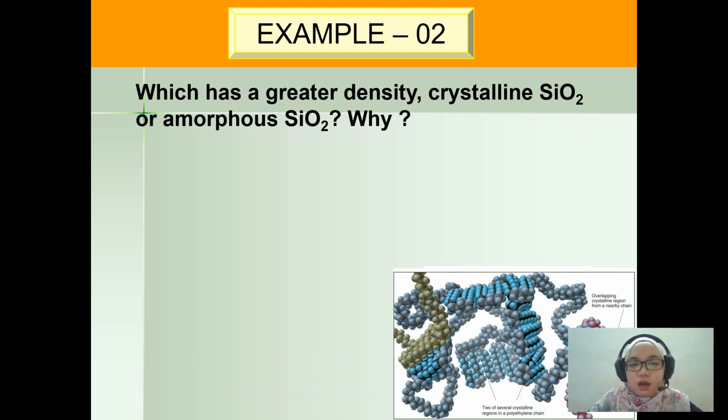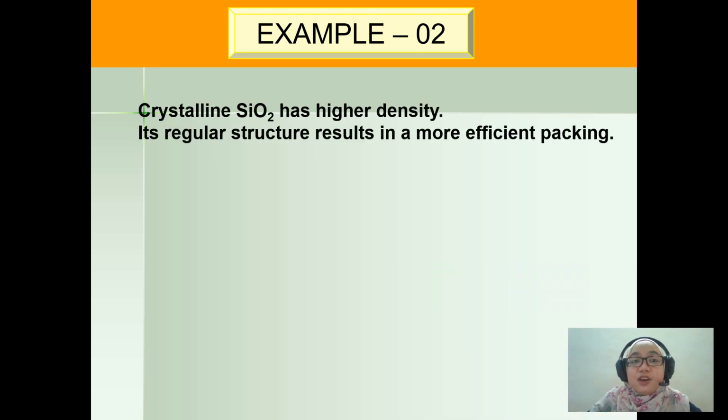Now the question asks, which has a greater density, crystalline SiO2 or amorphous SiO2, silicon oxide? Of course lah, crystalline silicon oxide. Why? Because crystalline silicon oxide has higher density as its regular structure results in more efficient packing.